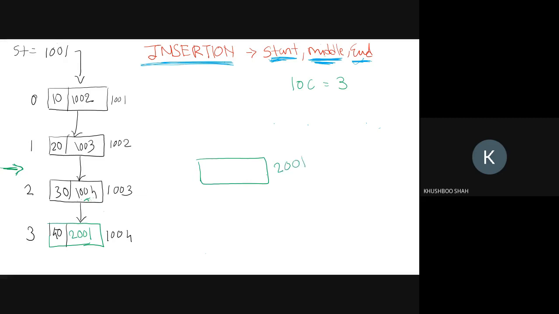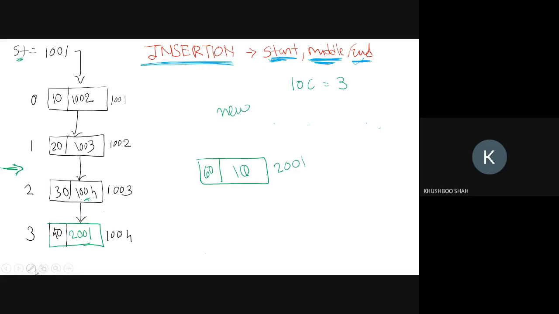I have already shared how to terminate the loop, and always start with the start. This is my new node. Let's say the value is 16, and when you first create the node, it will have null. This is my new node.